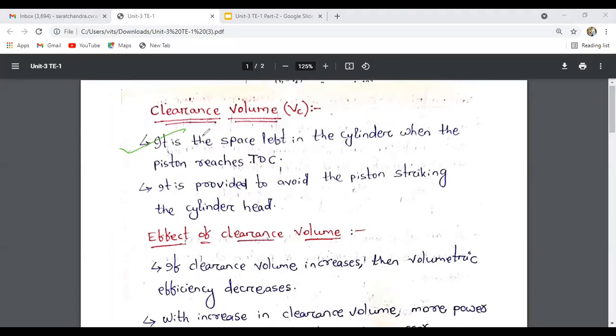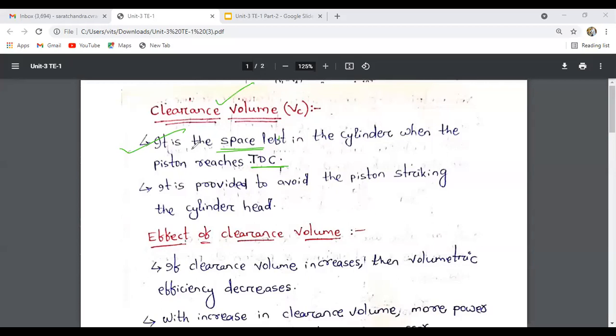In very simple language, it is the space left inside the cylinder when the piston reaches top dead center. When the piston is at top dead center, there is a small space between the piston and cylinder head. The volume of that space is called clearance volume.